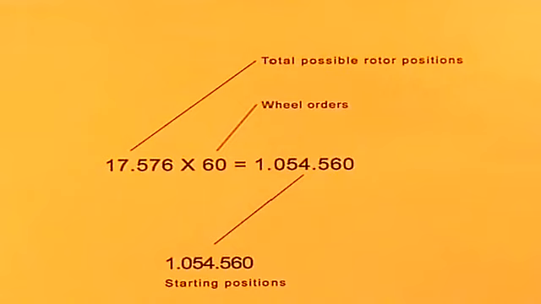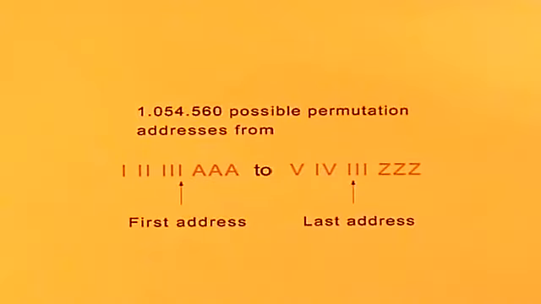I call these 1,054,560 possible positions of all rotors permutation addresses. This further means that there are 1,054,560 starting positions for a crypt.